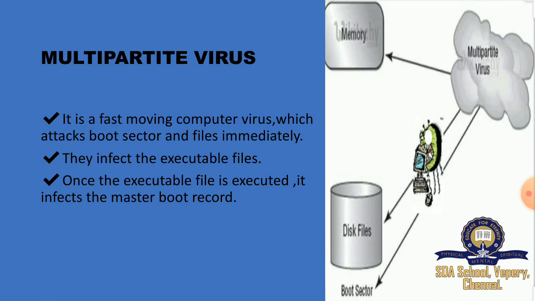Once the executable file is executed, it infects the master boot records. Once you boot your computer, the virus is loaded into the memory, and from there it infects the other program files and replicates itself.